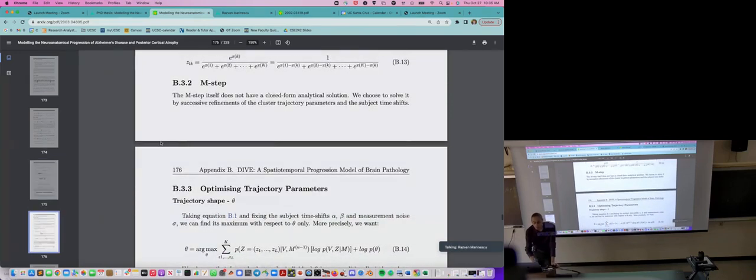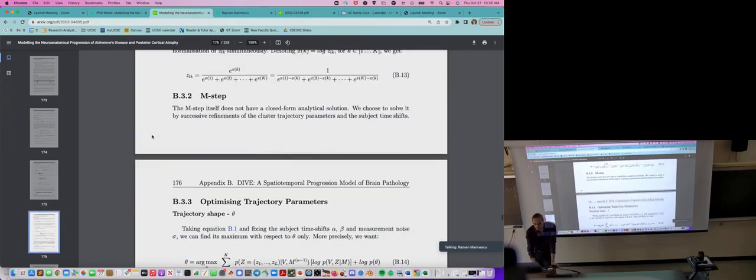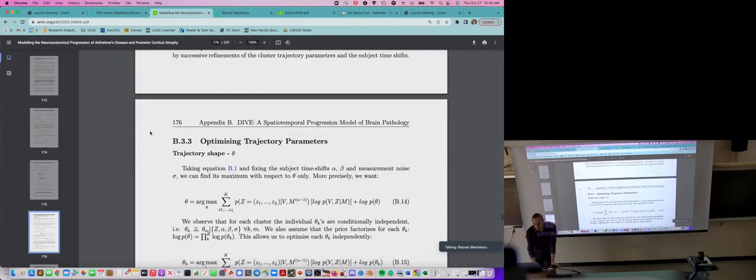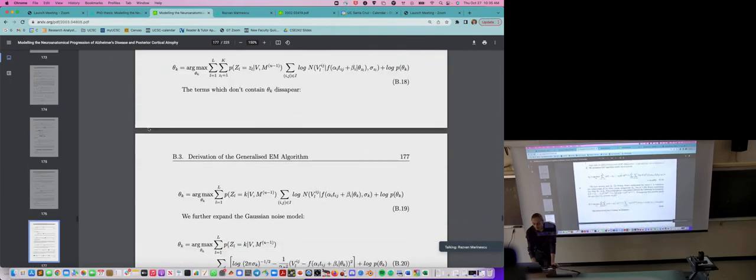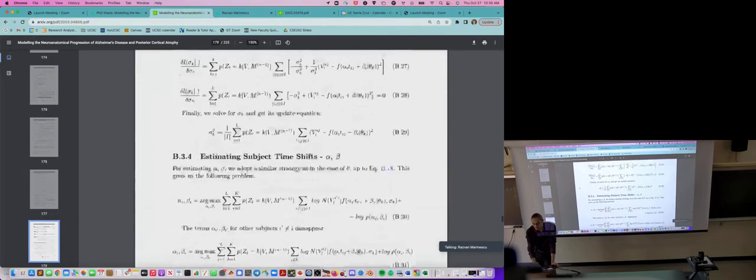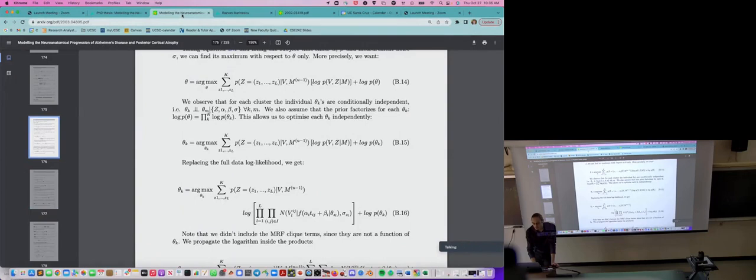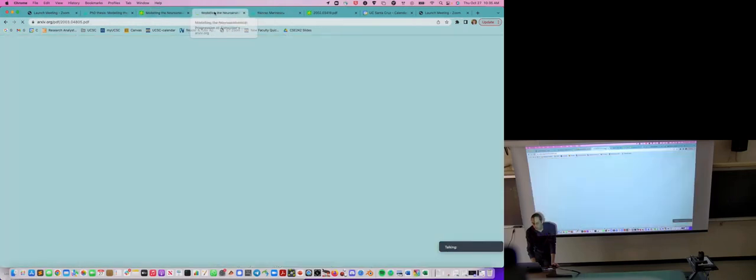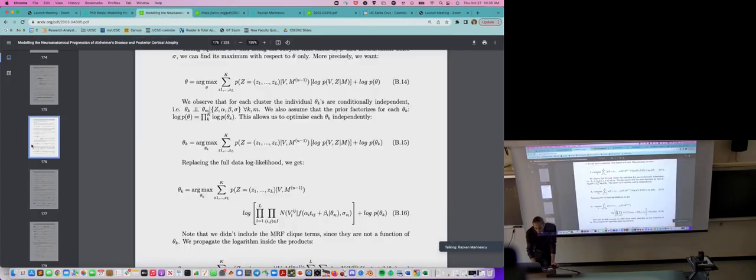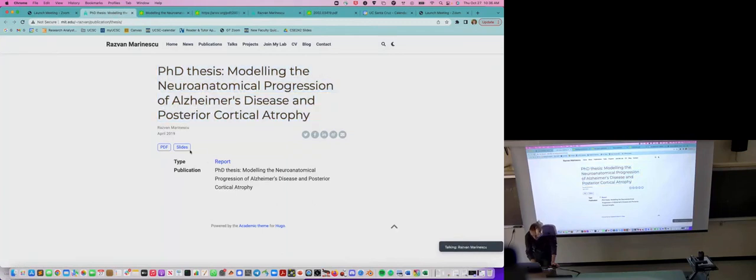Then we did the same thing for the M step, where we were computing the shape of the trajectories and also the time shifts of the subjects, alpha and beta. If I go back to that diagram, it will take a while to load.